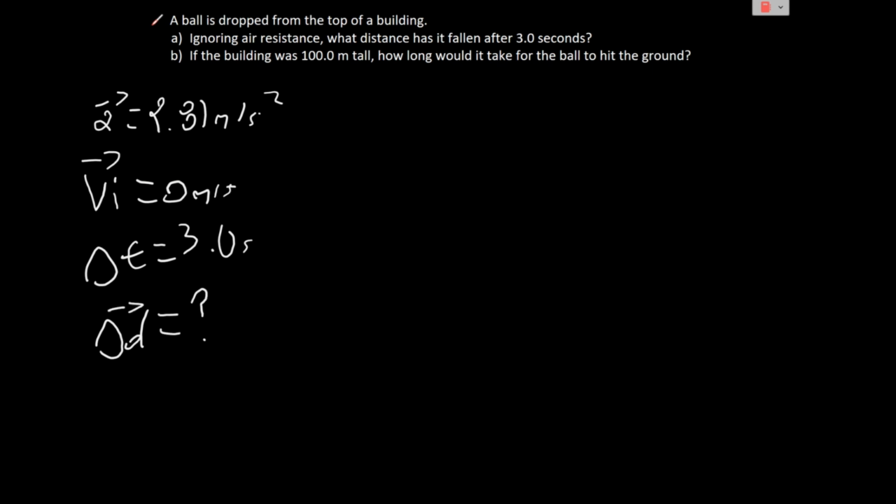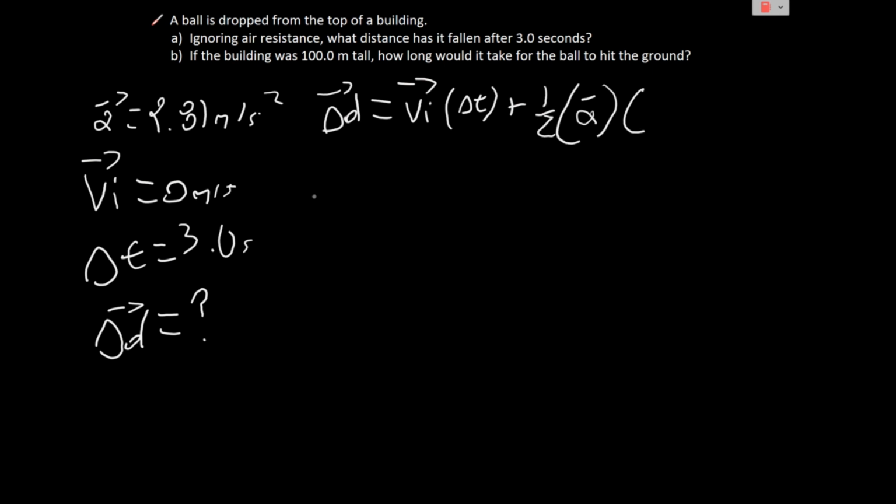Again, the formula that we can use is delta D equals initial velocity times time plus 1/2 acceleration times time squared. So plugging everything in, 0 meters per second times 3 seconds crosses out.